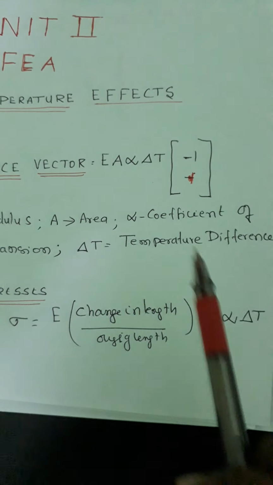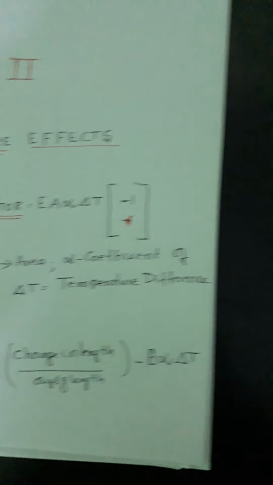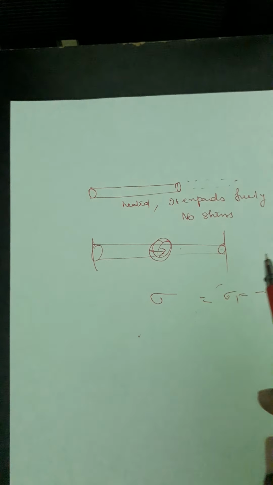That is why, while calculating the stresses, I have written that sigma is equal to the stress developed due to the forces minus the temperature effects. That is how to calculate the stresses when temperature effects come in.